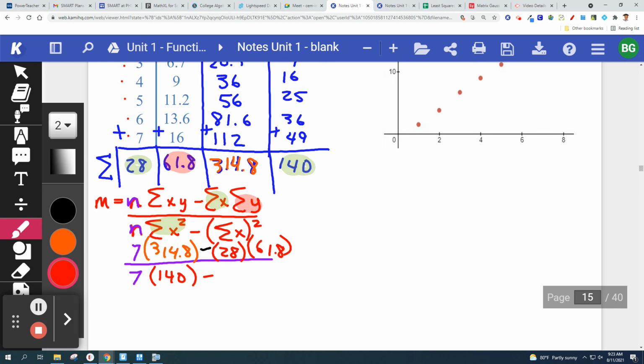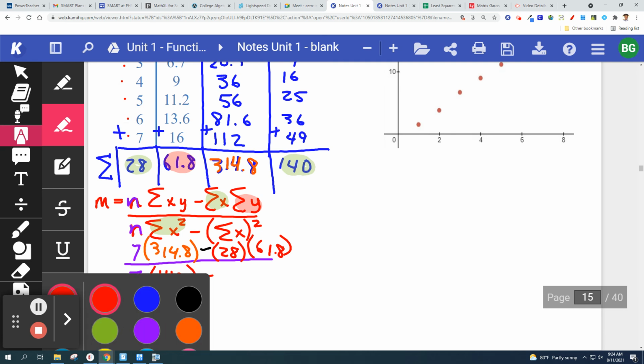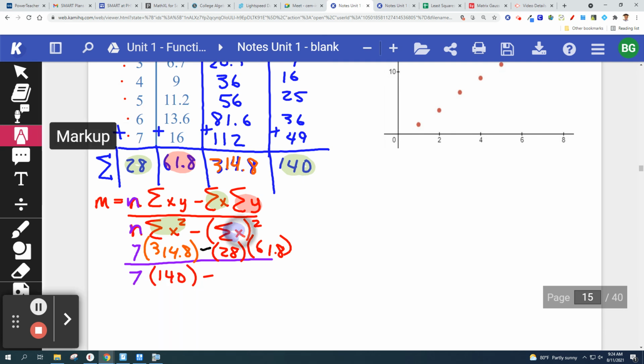It doesn't say sigma x squared, it says sigma x, quantity squared.